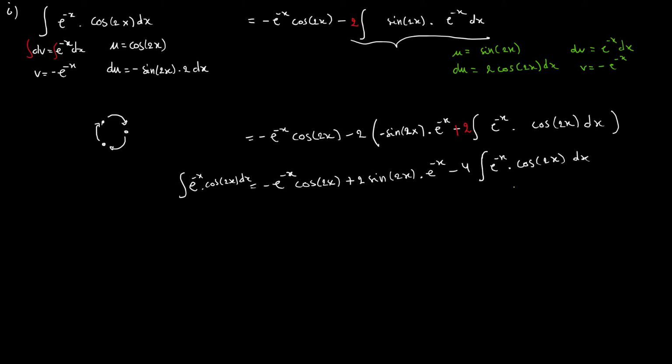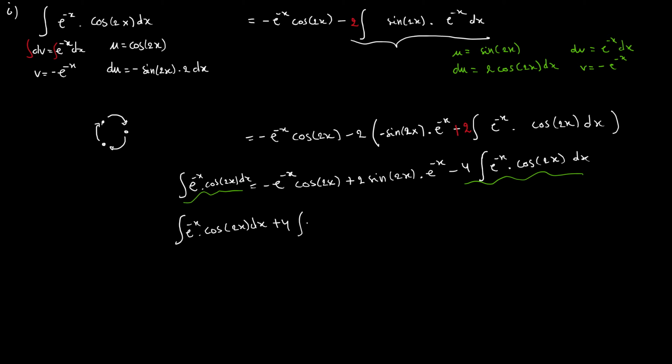Well, we can say this and this, they are exactly the same. So let's put them on the same side of the equal sign. So what do we find? We find that the integral of e to the power of negative x times cosine 2x dx, we find plus, so minus 4 becomes plus 4.